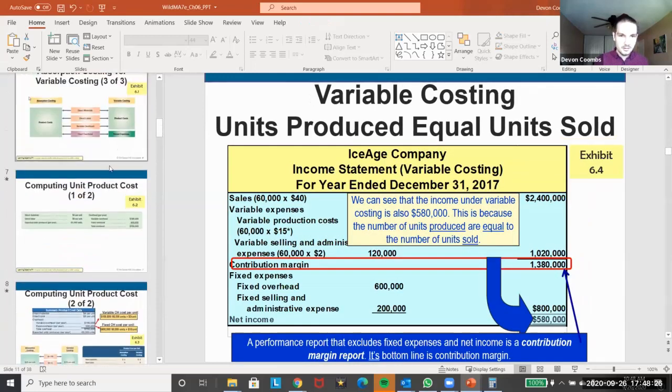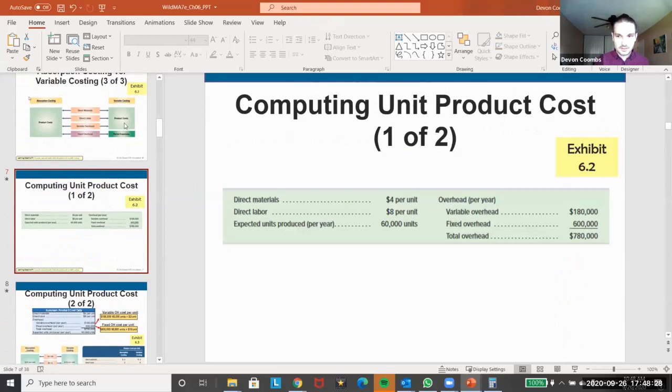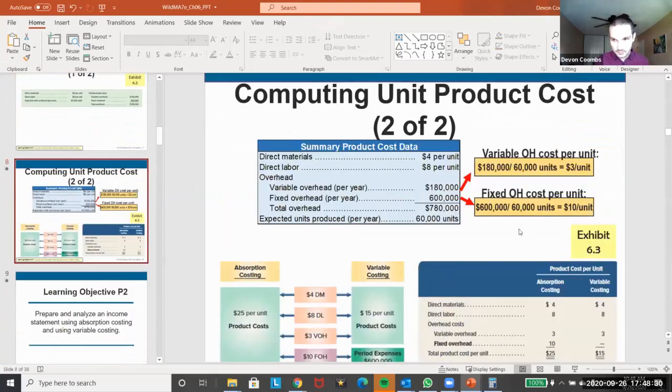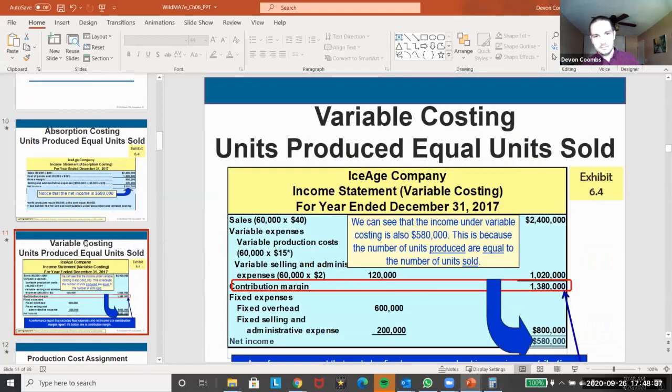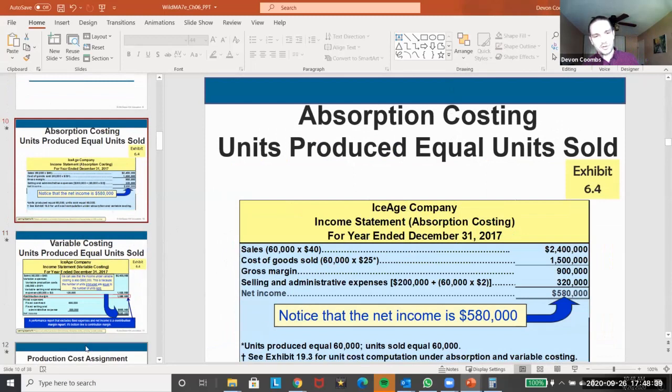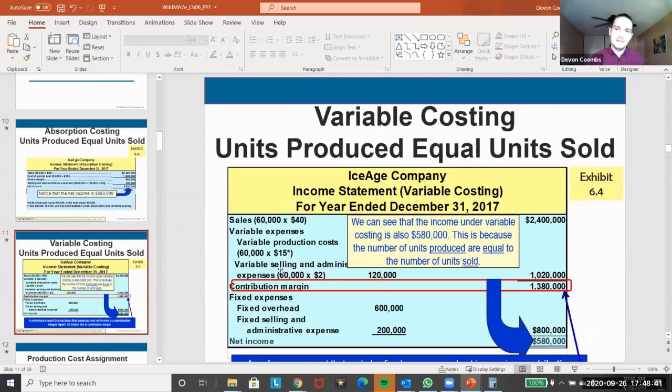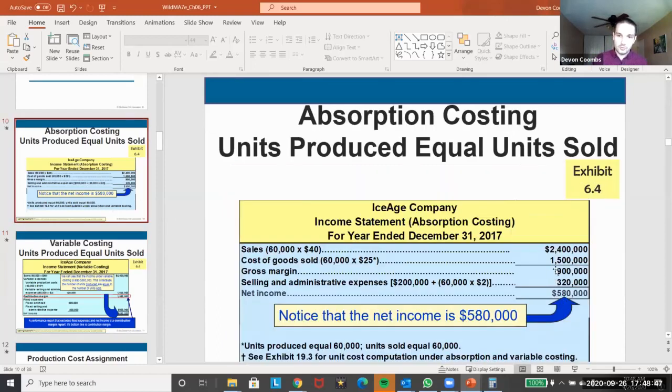So in the variable costing, we're excluding this $10 per unit that we calculated, the fixed overhead. We exclude it here, but we include it in the absorption costing. And so we get a contribution margin of 1.38 million, which is much higher than our gross margin under the absorption costing method.